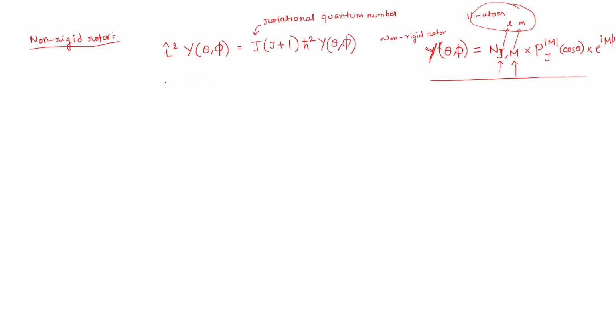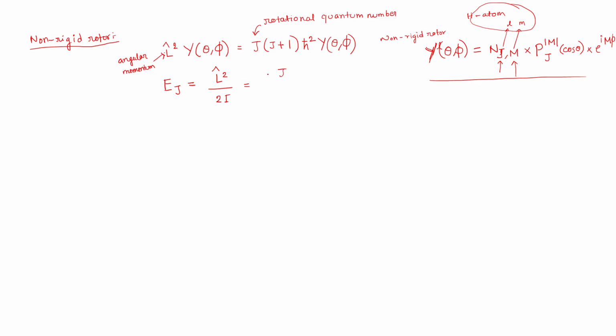And what is the energy of any state? From the Schrodinger equation we will see that the energy is L square, the orbital angular momentum, divided by 2I, where I is the moment of inertia.